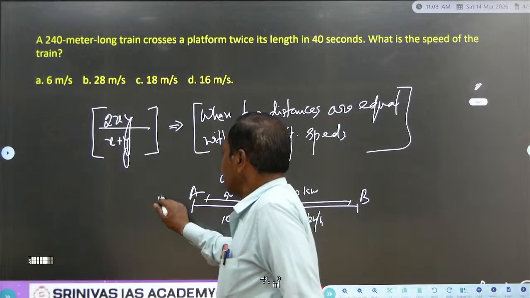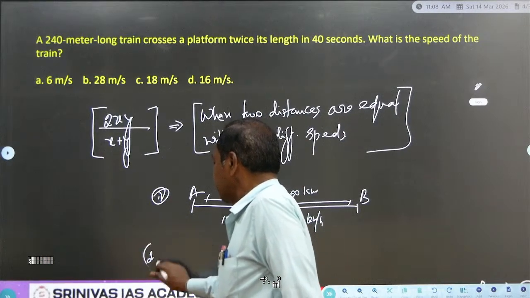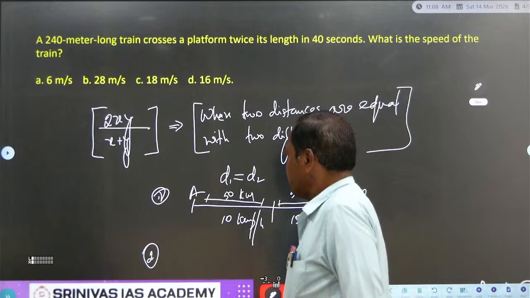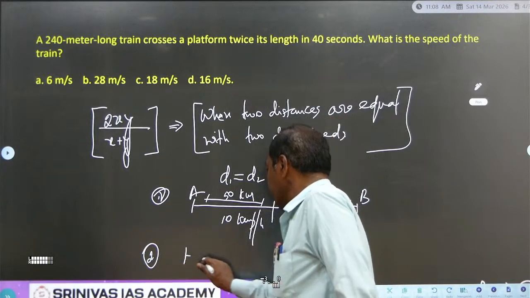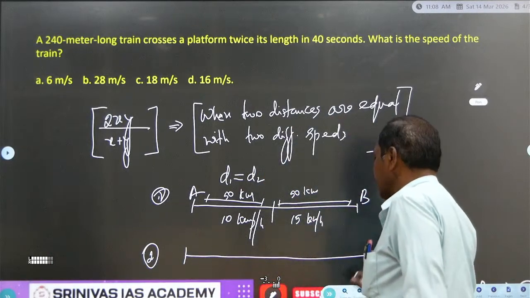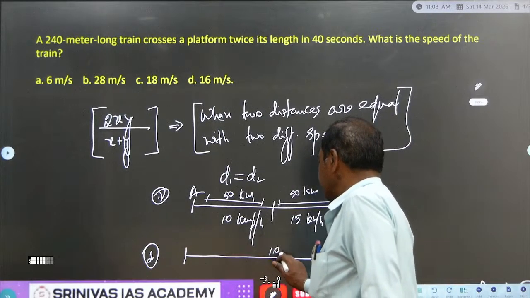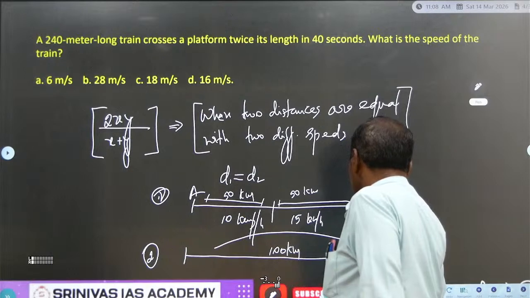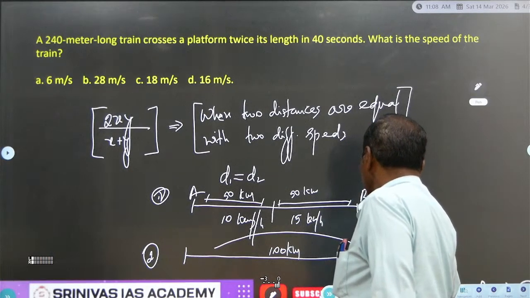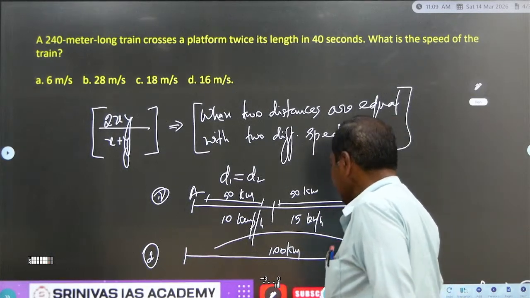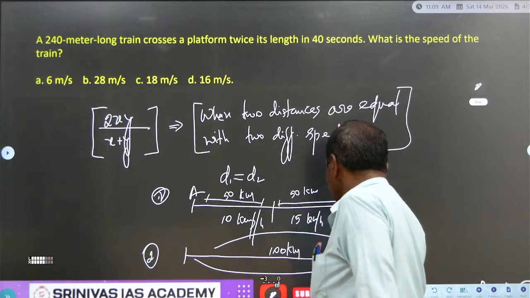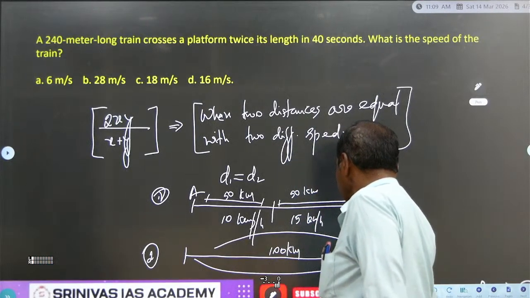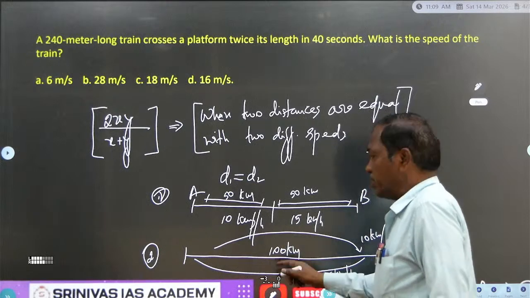So another point is that from here to Tumkur we go, this is 100 kilometers. The distance is what? 100 kilometers. While going 10 kilometers per hour, while returning 15 kilometers per hour. So the distance is the same.